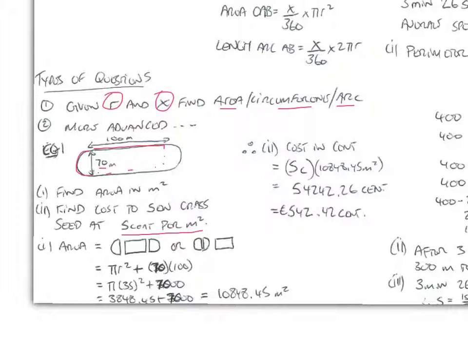Well, the area of the shape is simply the semicircle plus the other semicircle on the other side, plus the rectangle in the middle. And if you think about it, the two semicircles make a circle plus the rectangle. So the area of a circle is pi r squared, and the area of the rectangle is 70 by 100, and that gives us 7,000.